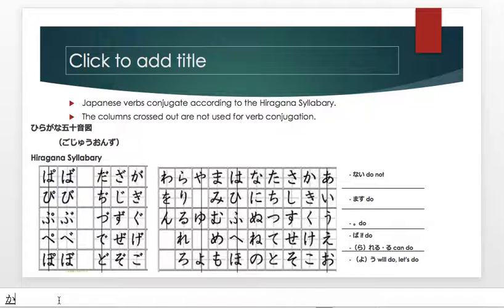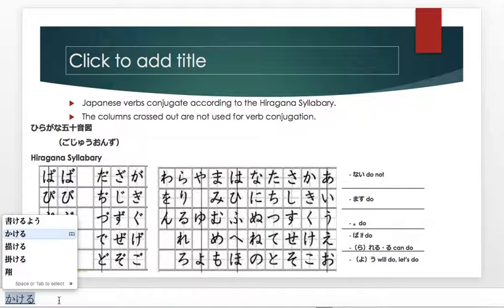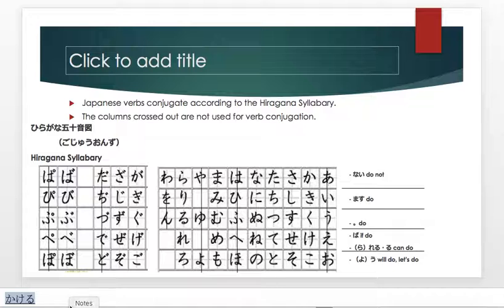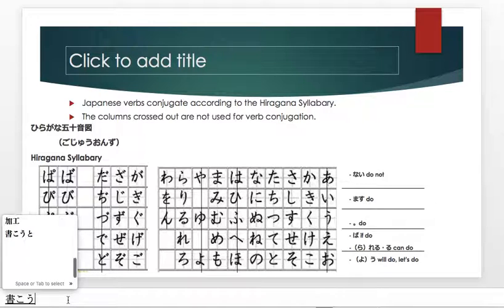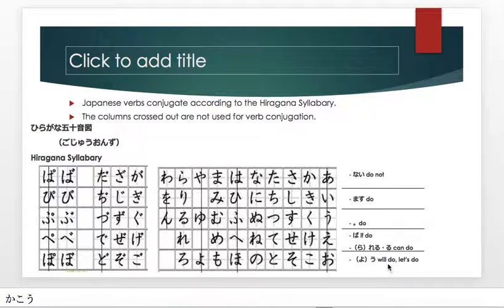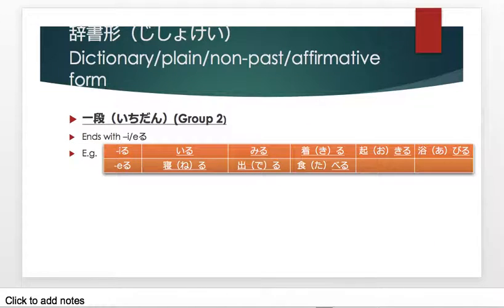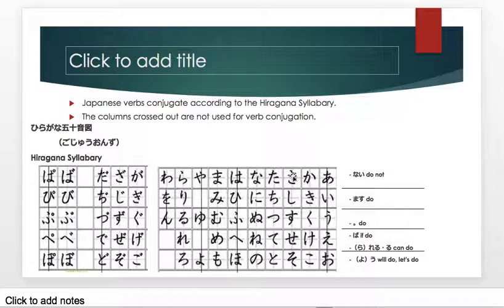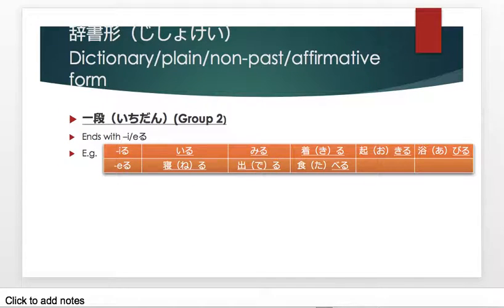Potential form, kakeru, to be able to write. And let's write would be kako. The hiragana's not showing up. Okay, yes, kako. We'll write, or let's write. So I hope that makes sense. Now this pretty much applies to godan doshi, not so much ichidan doshi. So yeah, the reason why we call it godan doshi is because you have 5 different sounds to the conjugation.